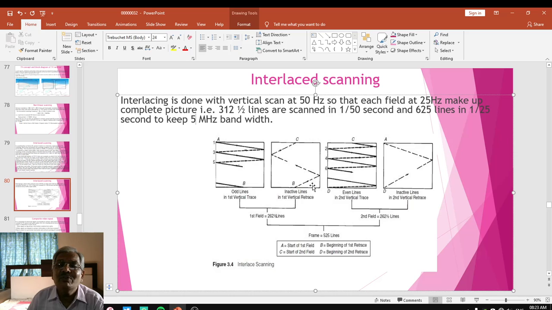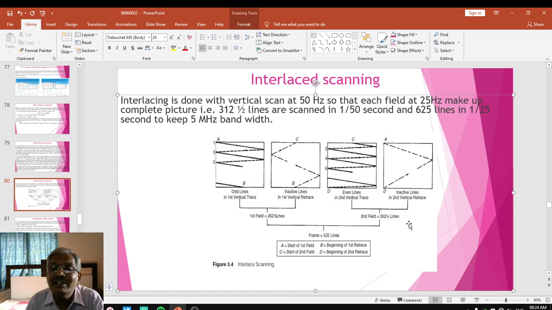During every vertical retrace period, during this period and this period, 20 lines are going to be lost in each field. So totally 40 lines are going to be lost, during which the screen remains blank. So this is called the first field, where 312 and a half lines are scanned.